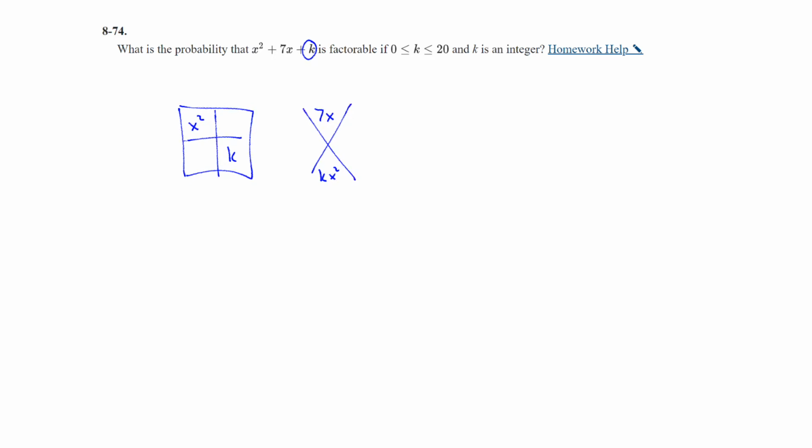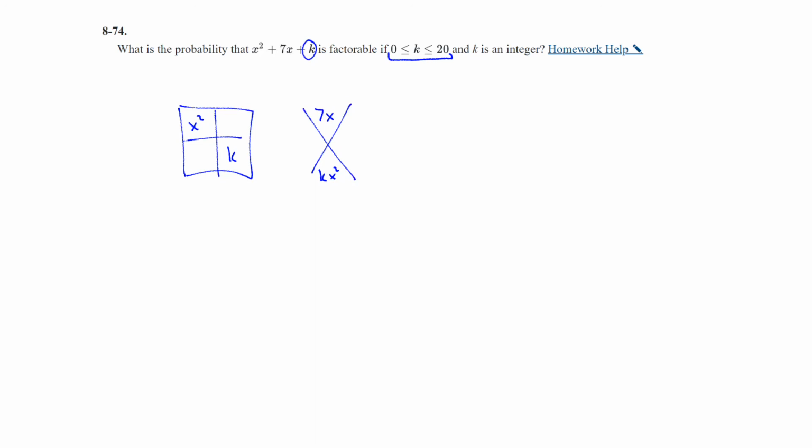And so this is what we start with. Now we're looking at all of these numbers between 0 and 20, which is 21 total numbers. So I'm thinking we just go through and check all 21 of them. If there's another way that some of you are thinking about it, I'd be interested in hearing how you did that.